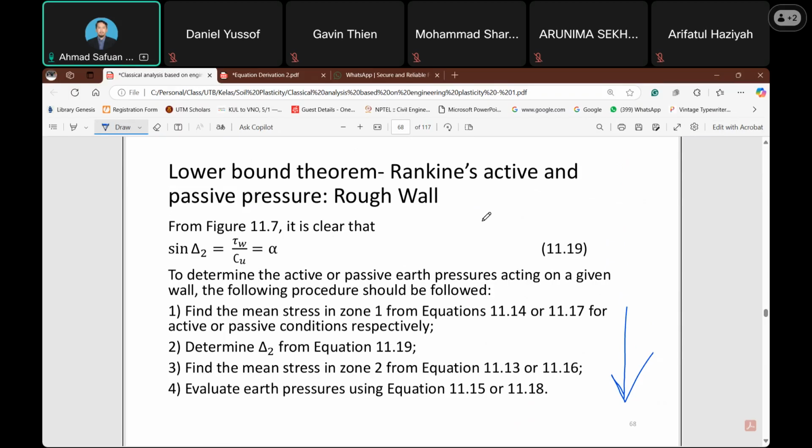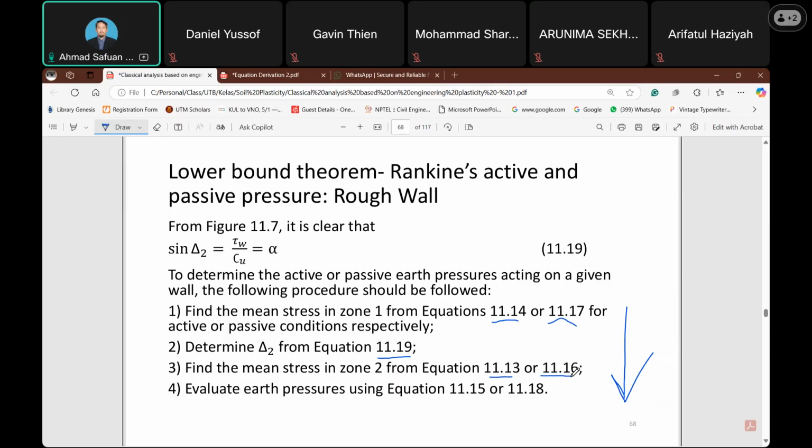We just use the equations. So make simple notes: what is equation 11.14, 11.17, what is delta 2, and what is sigma 2 for zone 2. The last one, put all the equations inside the previous equation to determine PA and PP.